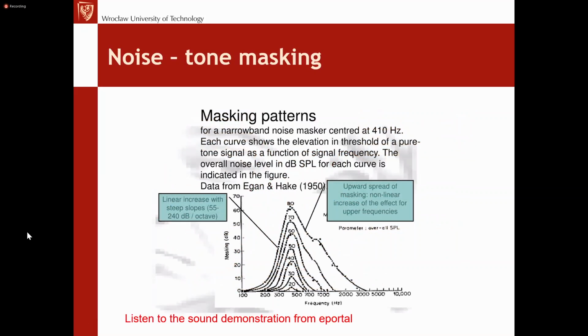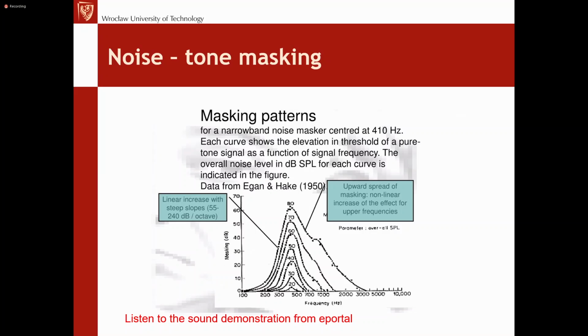And another kind of masking is noise-tone masking, when we detect some tones or some useful signals on the background of noise. I mean that noise is most often the kind of sound we can meet in real life.